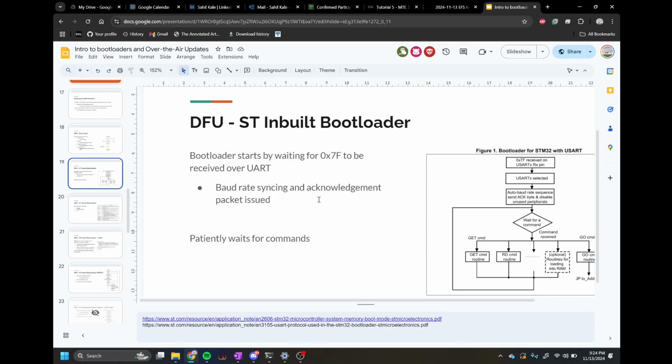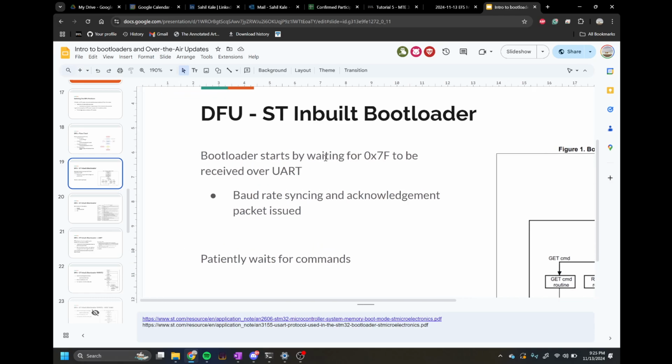For context, this is basically the inbuilt bootloader that ships with just about every ST microcontroller. It usually supports UART, I2C, CAN. If you're ever working with any ST microcontroller, it's usually a peripheral that's supported. In this case, I've chosen to break down the UART STM32 bootloader. It starts by basically saying, if you send this one byte, 0x7F, over UART, I'm going to enter bootloader mode.